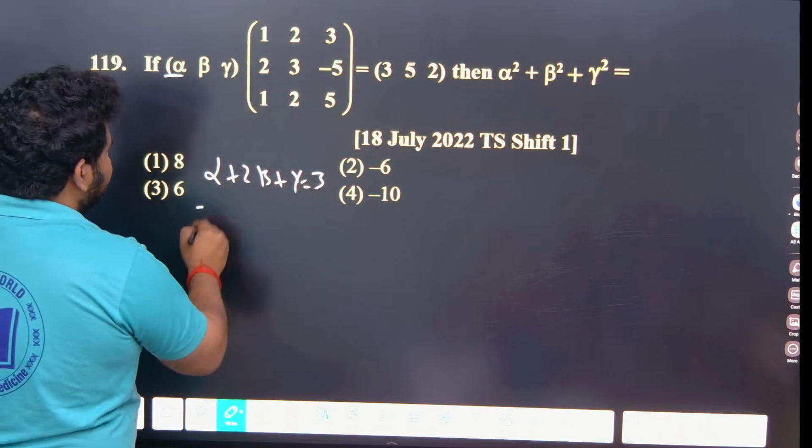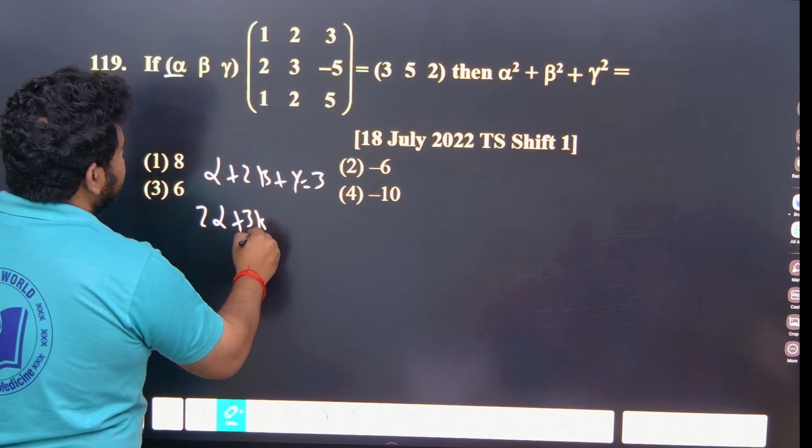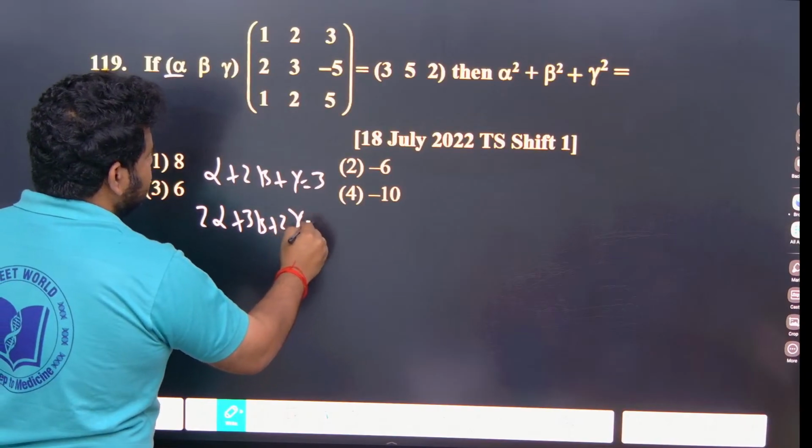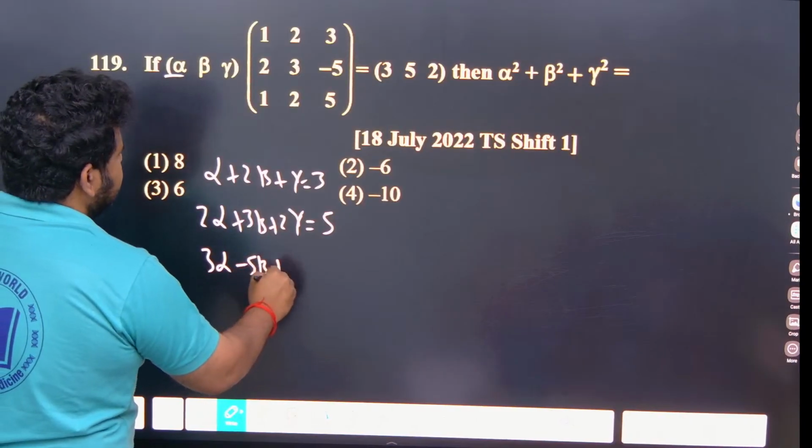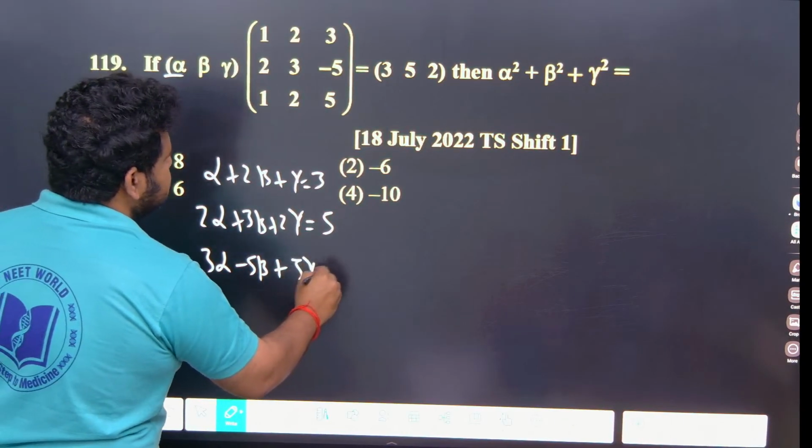Then 2 alpha plus 3 beta plus 2 gamma is equal to 5. 3 alpha minus 5 beta plus gamma is equal to 2.